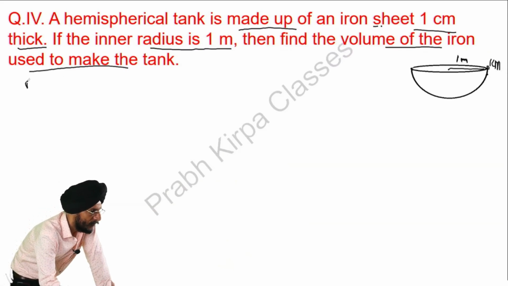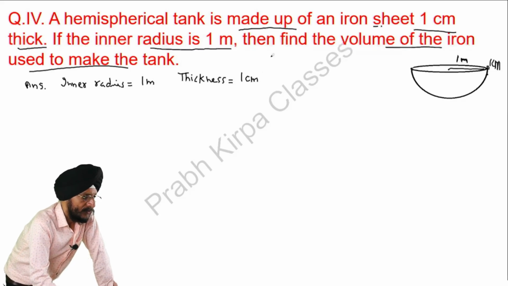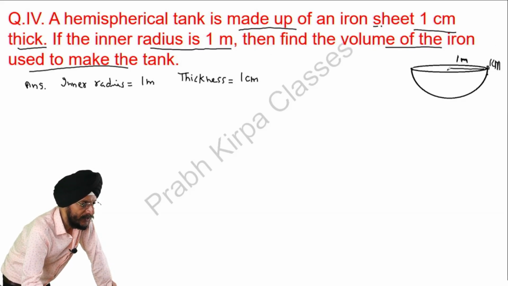So now we will solve the question. What has been given to us is inner radius. Inner radius has been given as 1 meter. But another thing has been given, thickness of iron. Thickness is 1 centimeter. Now firstly we will calculate the outer radius.